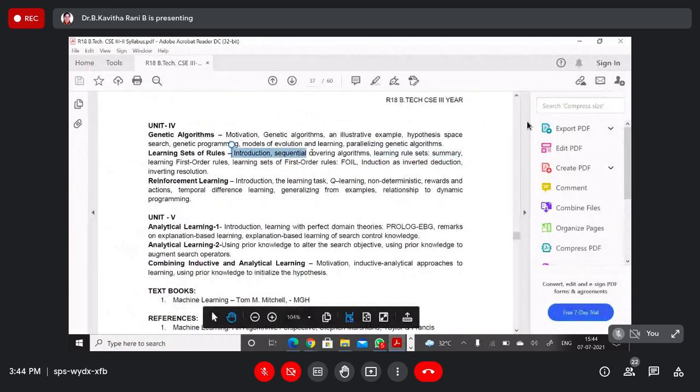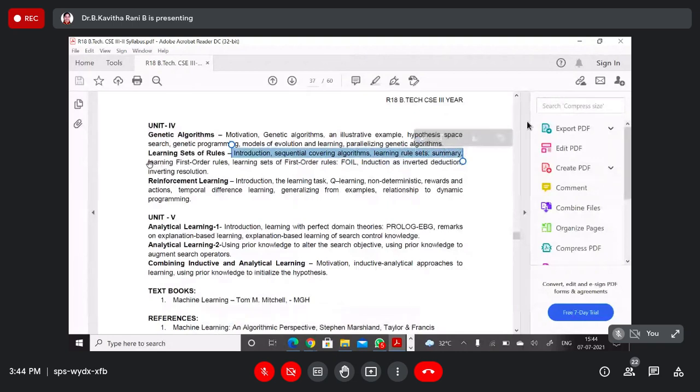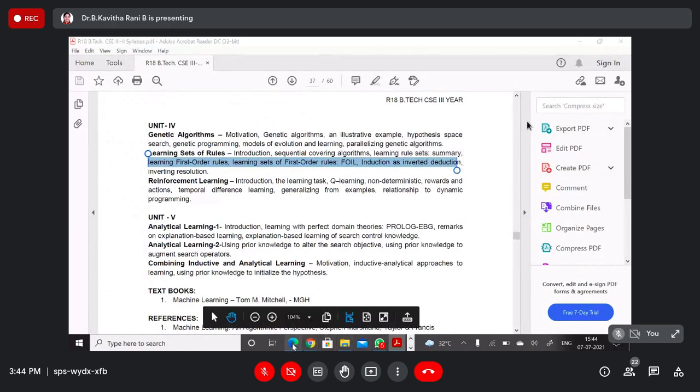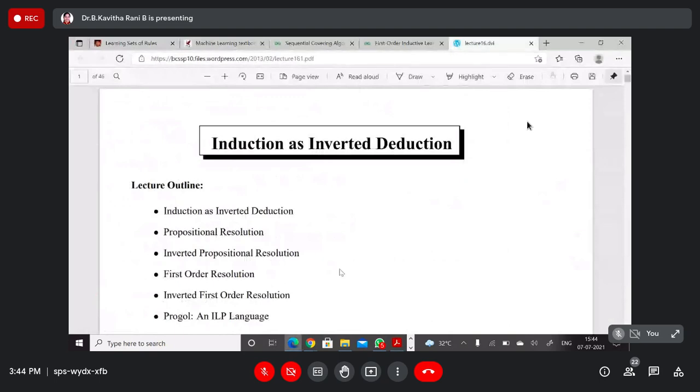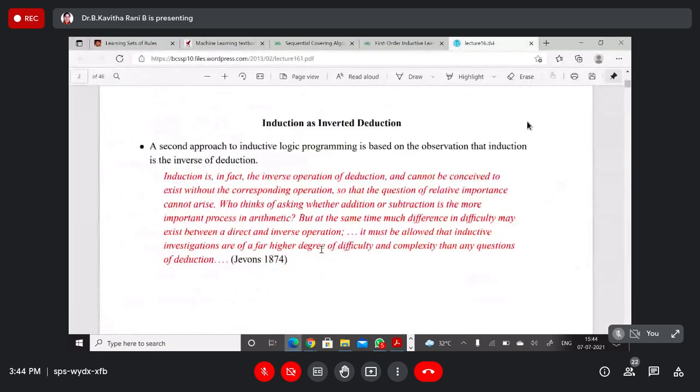So introduction, sequential covering algorithm, learning rules and summary, learning first order rules, in this we have finished, learning set of first order rules, FOIL, this we have finished, induction as inverted deduction. So induction as inverted deduction.